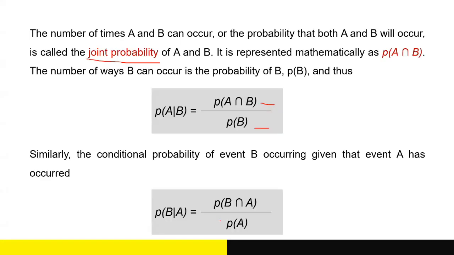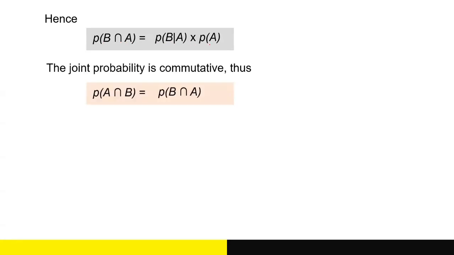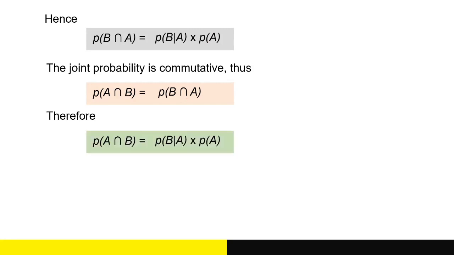Hence, this equation simply rearranges the equation before. So it shows that the joint probability of both events A and B happening can be found by multiplying the probability of event B given that event A has occurred by the probability of event A. The joint probability is commutative, thus it means that the probability of A and B occurring together is the same as the probability of B and A occurring together.